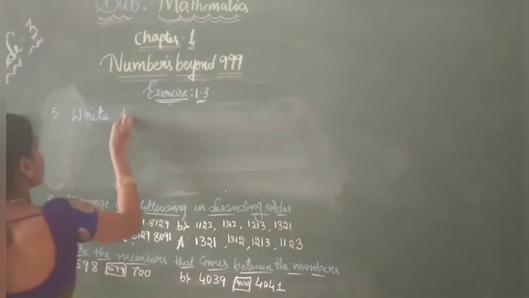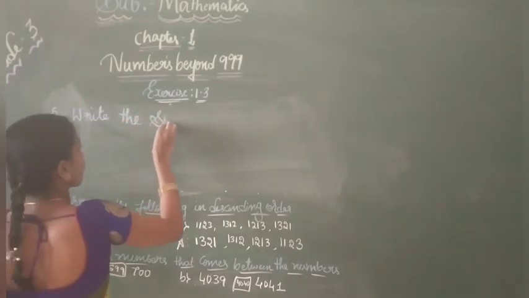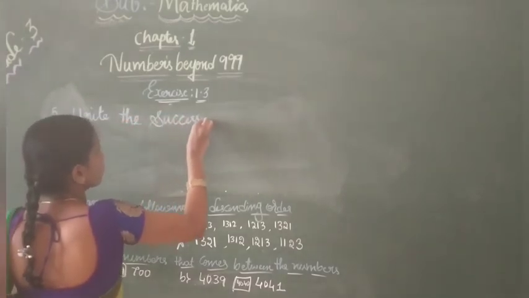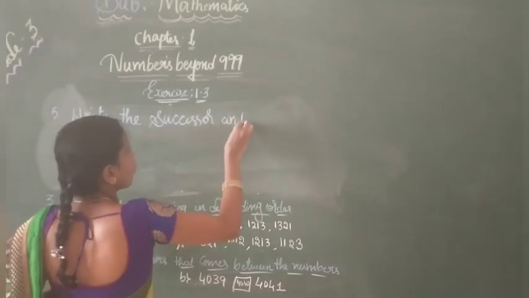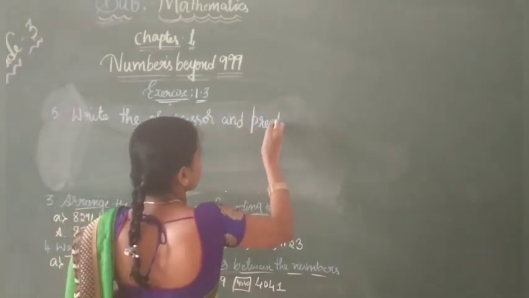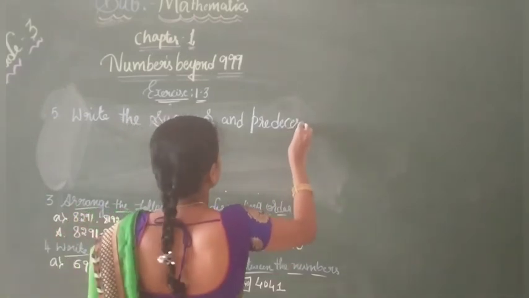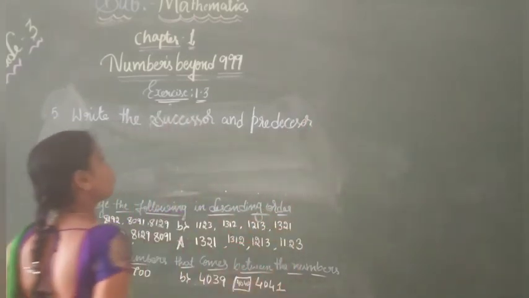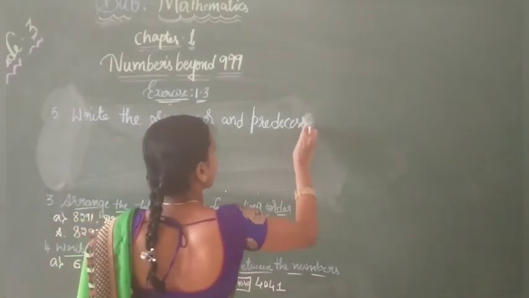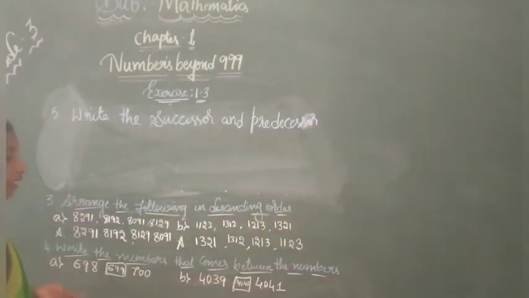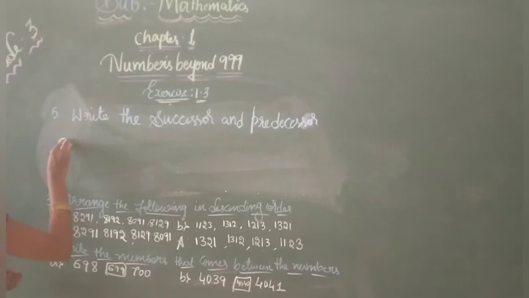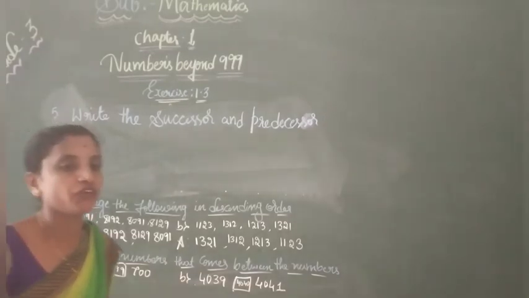Write the successor and predecessor of a number. Here is one example. Look here carefully.